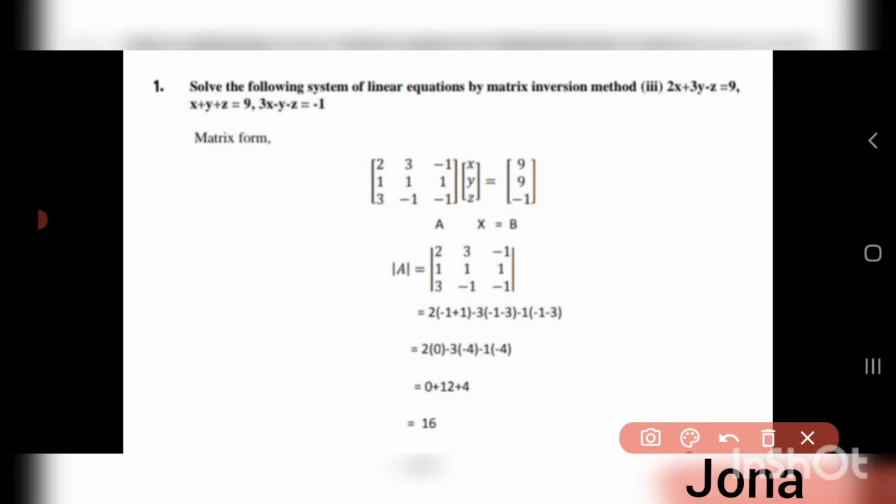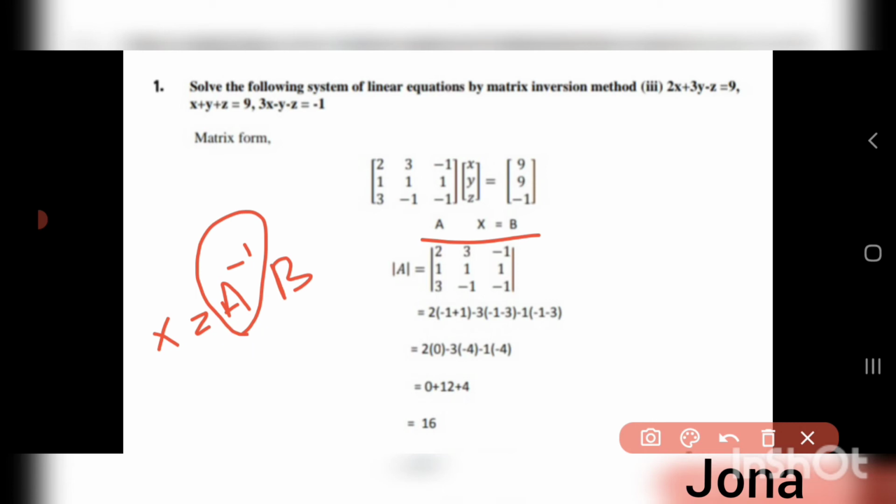Now this is in the format of AX equal to B. For this AX equal to B, I want to find the solution of the equation, isn't it? That is nothing but X equal to A inverse B. I want to find the value of this A inverse.